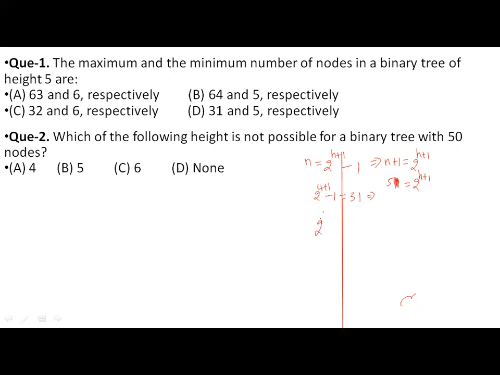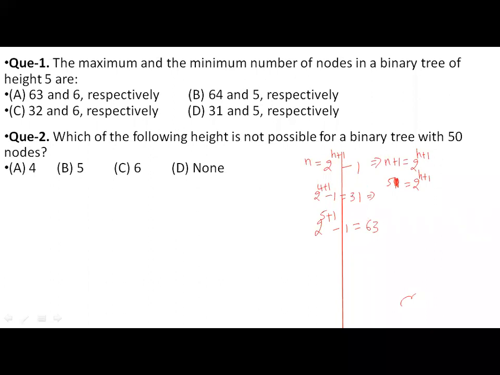So with height 5, what is the maximum number of nodes we can have? 2 power 5 plus 1 minus 1, which is 2 power 6, 64 minus 1, that is 63 nodes.